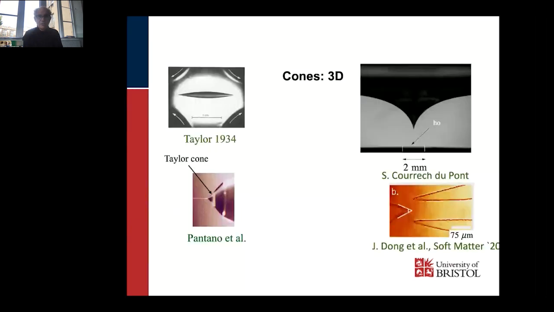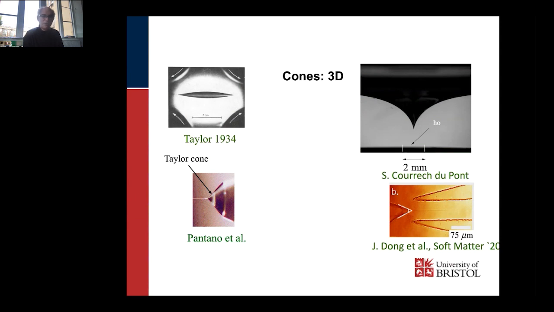It's also important to distinguish from three dimensions. This is another kind of problem on which I've done quite a bit of work recently. It's essentially, or in most of its manifestations, something that goes back to G.I. Taylor.